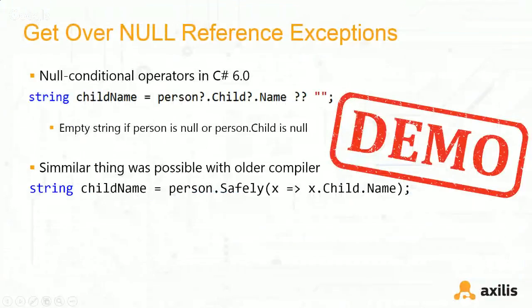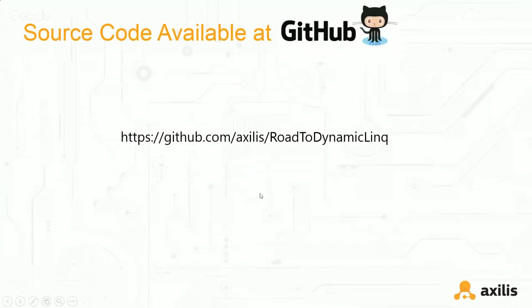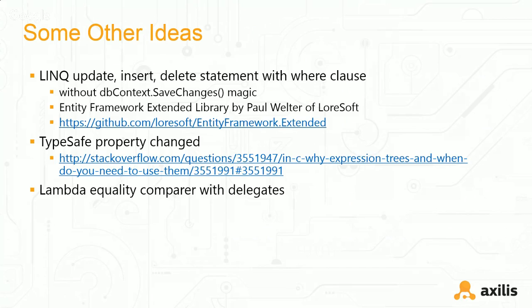And that's almost it from the presentation. You can find code on GitHub if you want to injure your head or brain. There are some other smarter ideas. With expression trees, you could create, for example, a smarter update clause in Entity Framework or some extensions.